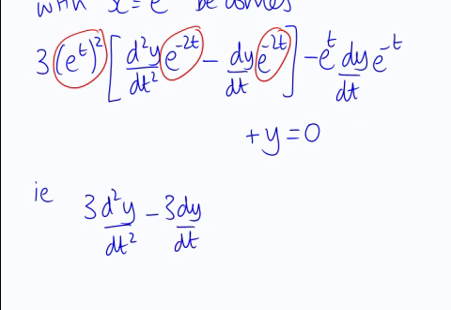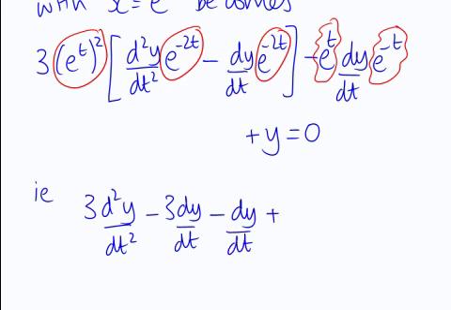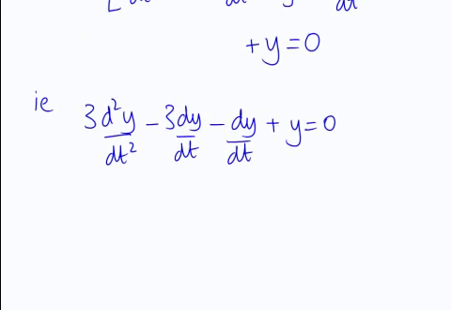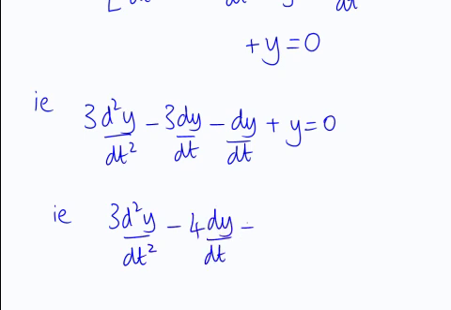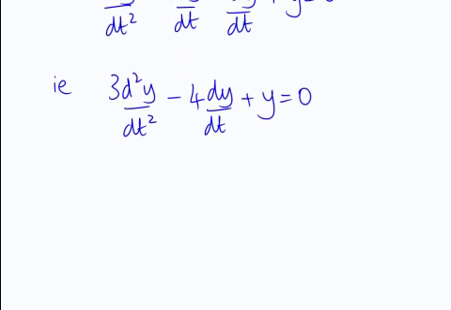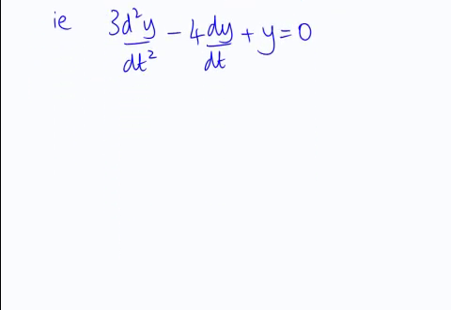Then the same thing happens with the next term. I've got an e to the t and an e to the minus t, so they cancel, and I'm just left with another minus dy by dt. Plus my y at the end equals 0, so I end up with a constant coefficient linear second order differential equation. And this differential equation is far simpler to solve than the original nonlinear one.